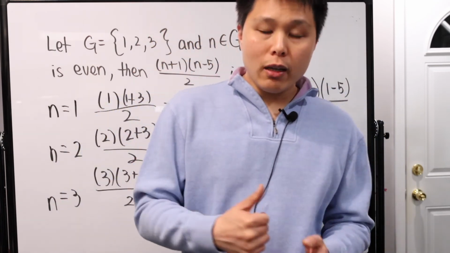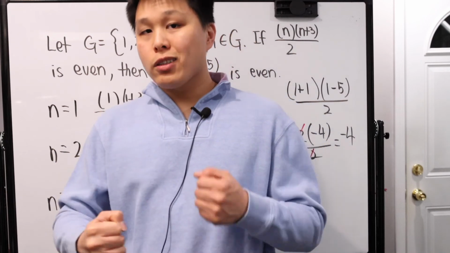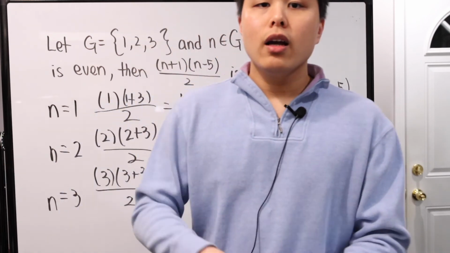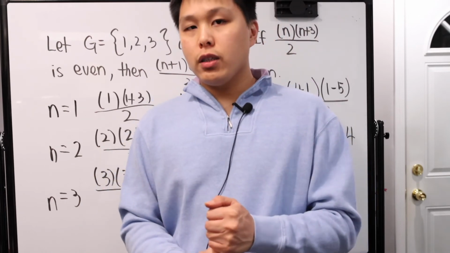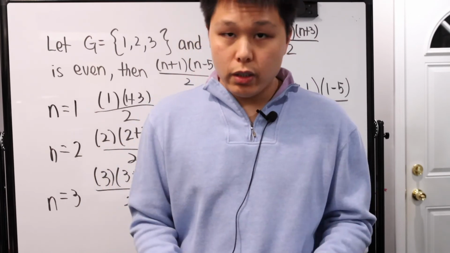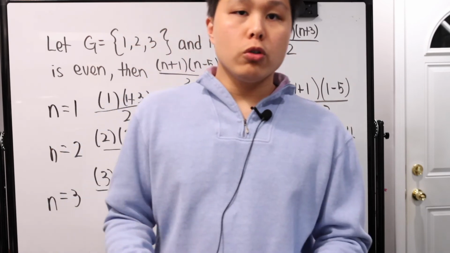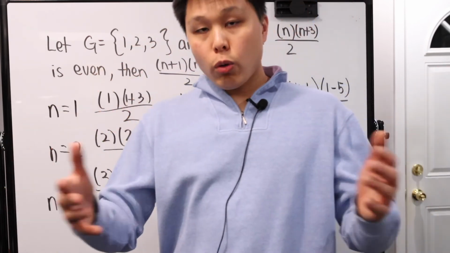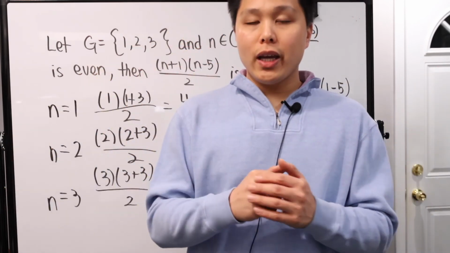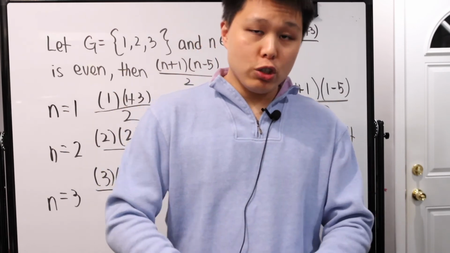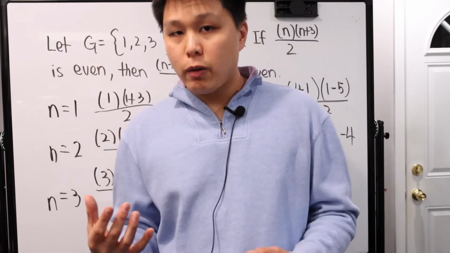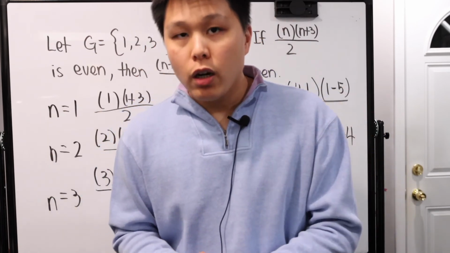Once again, every time you see a proof and you're required to prove it directly, look at what they give you. Are there definitions that you can recall? Odd, even, whole numbers, integers, and so forth. Just see what they give you. Then after that, based on the definition, my recommendation is just write it all out. So this is almost like a piece of a puzzle that you can sort of just play around with.